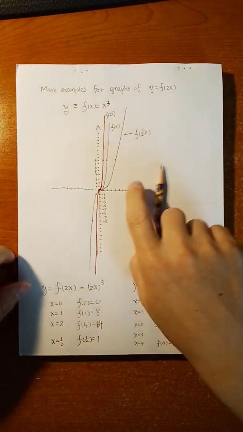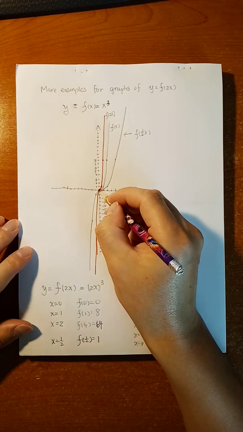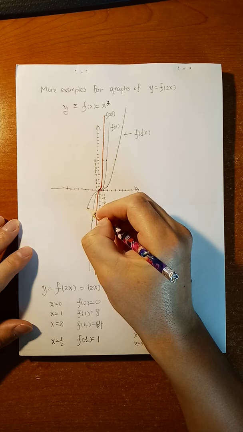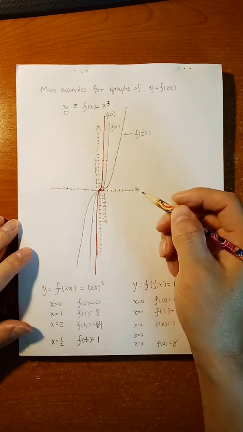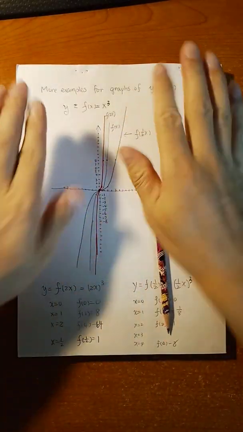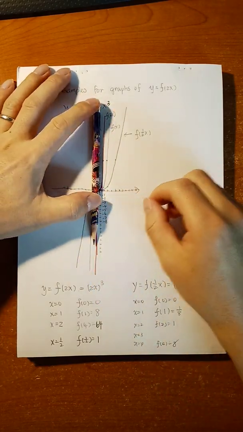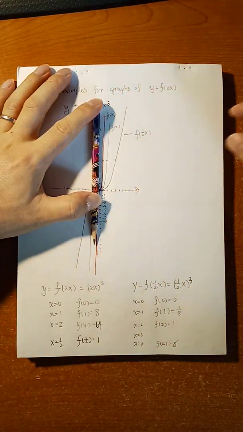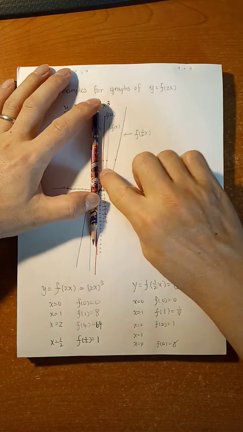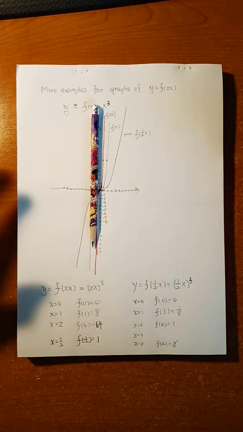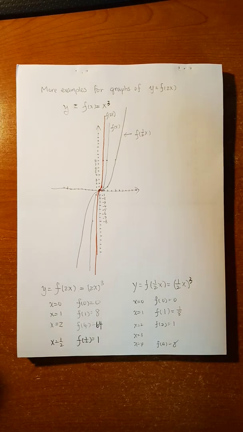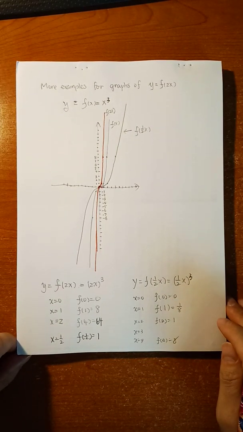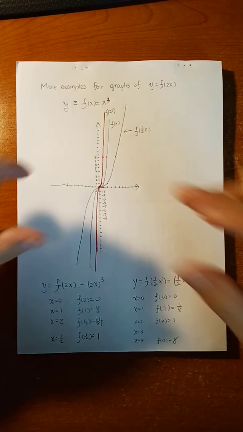Okay, so here's a similar thing. You see, when you fix the y-axis, the original curve, you stretch it away from the y-axis. This is a horizontal stretch. Okay, so I hope this example makes the horizontal stretch clearer.